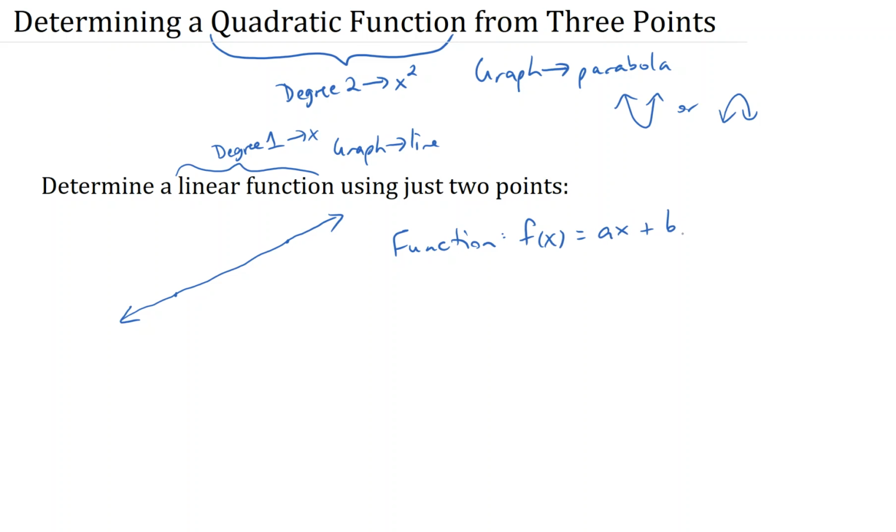Alright, so in order to get this function, all you need is 2 points for a linear. With a quadratic function, to get the curve that is the parabola, you need 3 points to get the quadratic function.